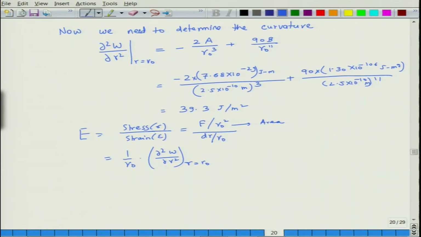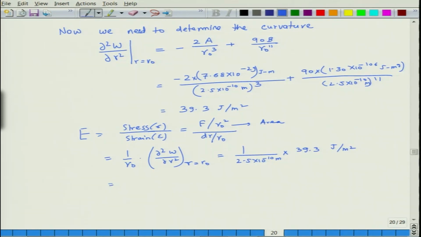This is just an approximation in the vicinity of R naught, that is why we have taken R is equal to R naught. So this is 2 into 10 to the minus 10 meter into 39.3 joule per meter square.